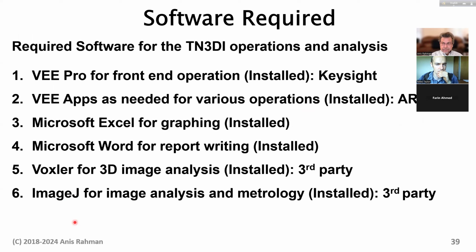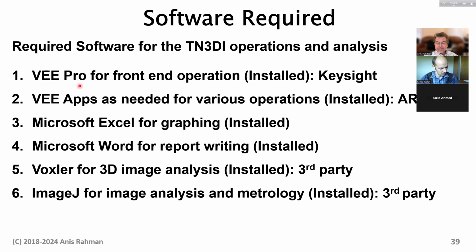Software required: all the software that is required to run this machine is pre-installed. So it's a complete system that is delivered. We use a platform called VEE. It stands for Virtual Experimental Environment. This is a platform marketed by Keysight, which actually started a long time ago by HP.